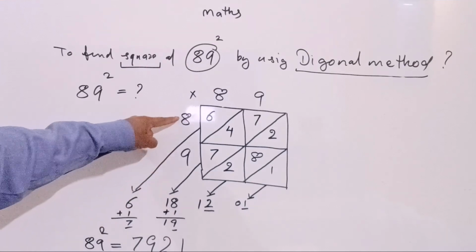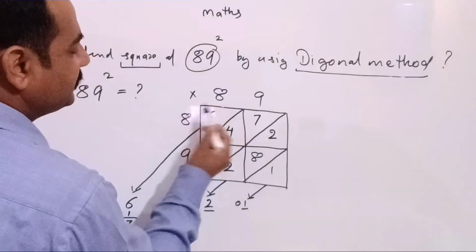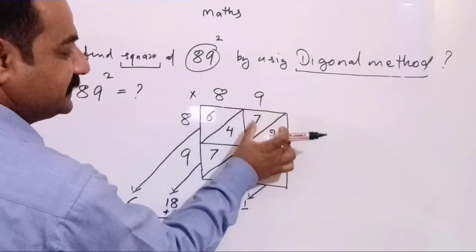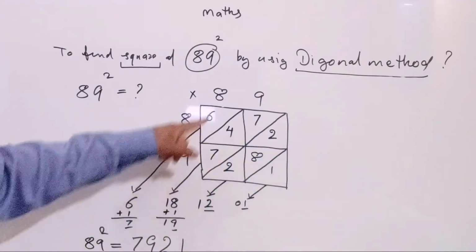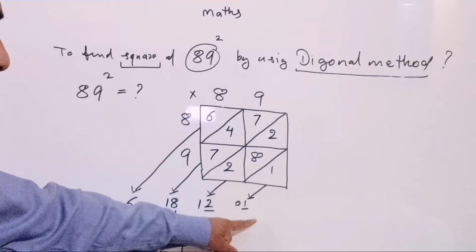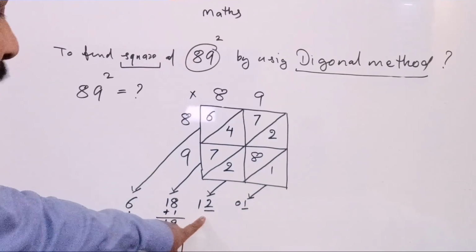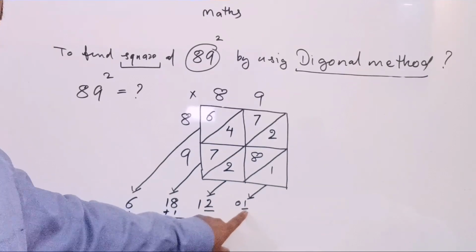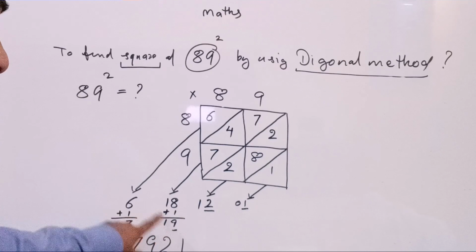After that we will multiply 8 into 8. Why 8 into 8? Because we have to put 8 into 8, 64, in the first box and 8 into 9 in the second box. Okay. After this we have to add all the values inside the box diagonally, and the last but very important step, we have to take the values only from the unit place, and the next tens place value goes to the next one, that will be added, right? So this is the answer.